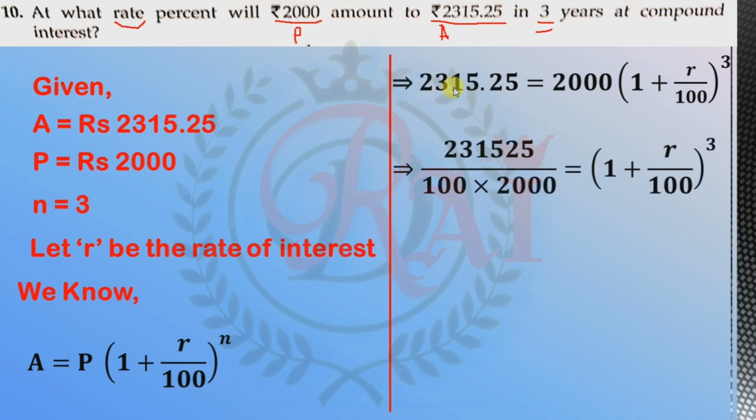So for 2315, instead of the decimal I'll write 1. After the decimal I have 2 digits, so I'll write two zeros. This 2000, when it comes this side, becomes division, so it comes in the denominator. So 231525 over 200000 is equal to 1 plus R divided by 100, cubed.